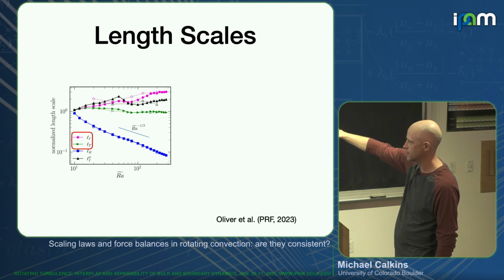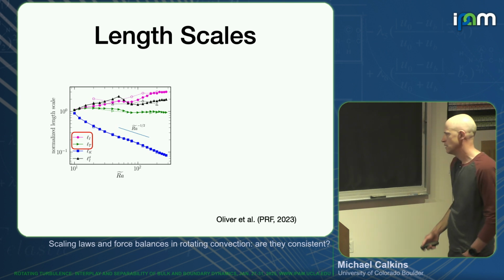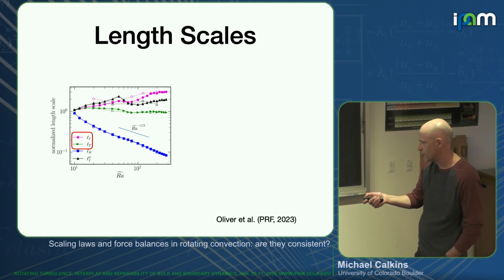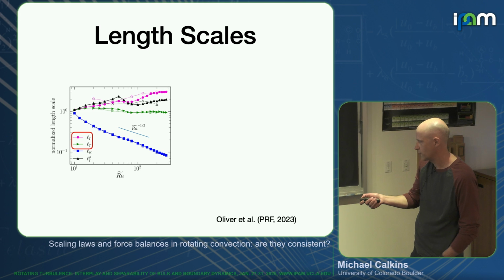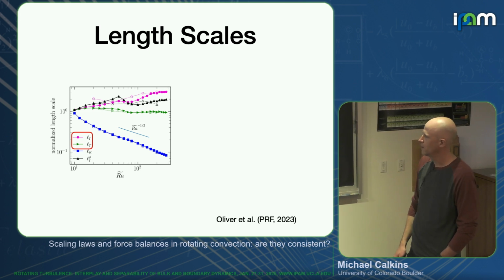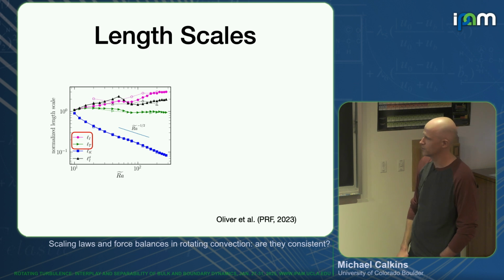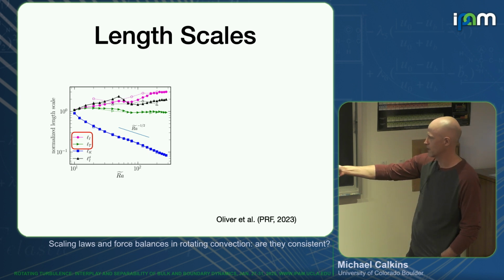So the magenta data points are showing the integral length scale, and the green triangles are showing you the Taylor microscale, so a viscous dissipation scale. And you can see how the integral scale does show an increase with reduced Rayleigh number, but it's not following the diffusion-free scaling, in fact.